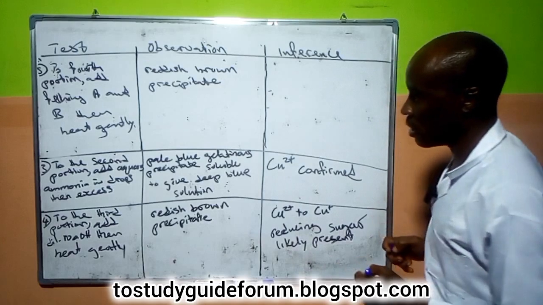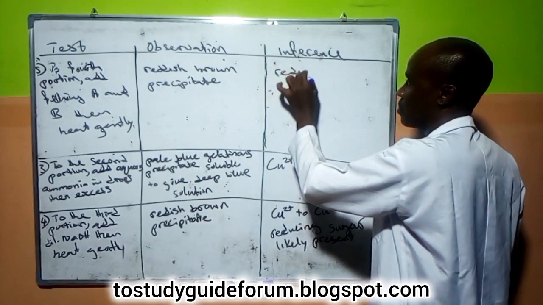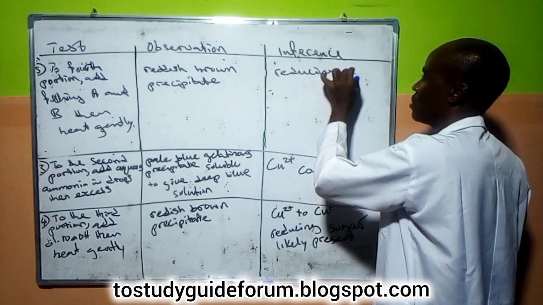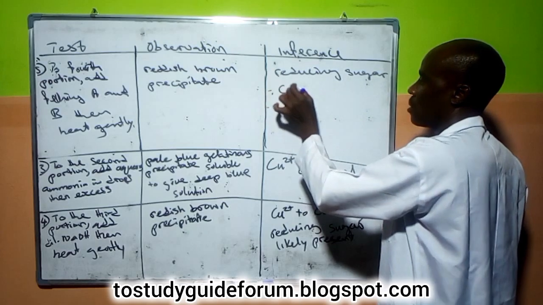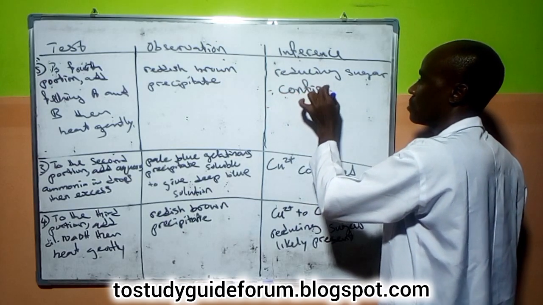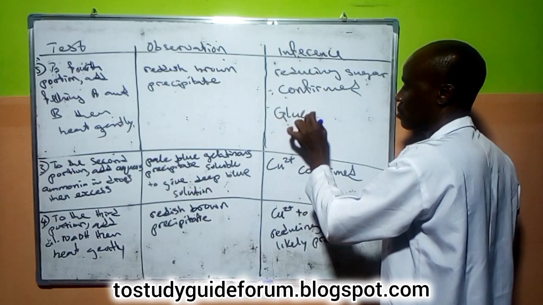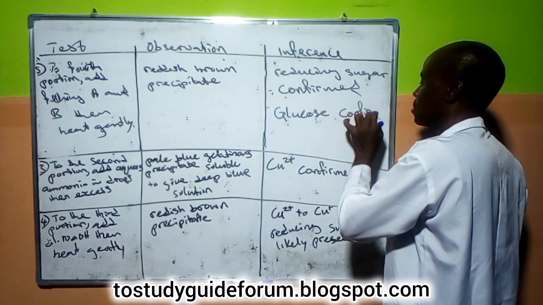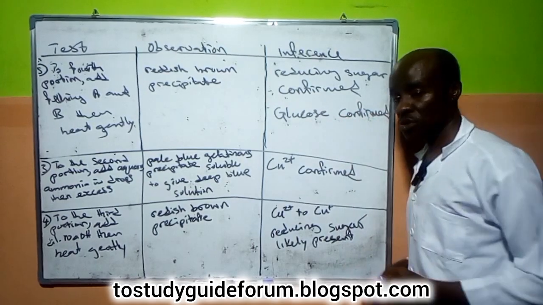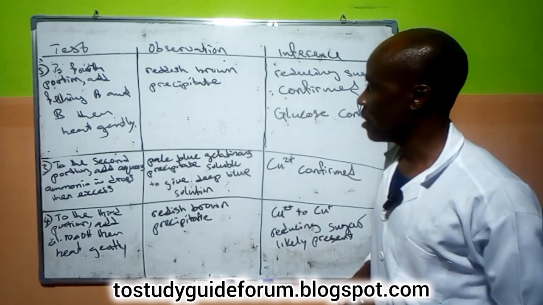So what this is telling us here is that we have a reducing sugar, confirmed, or you can also say glucose. Confirmed, because glucose is the commonest reducing sugar that is readily available.